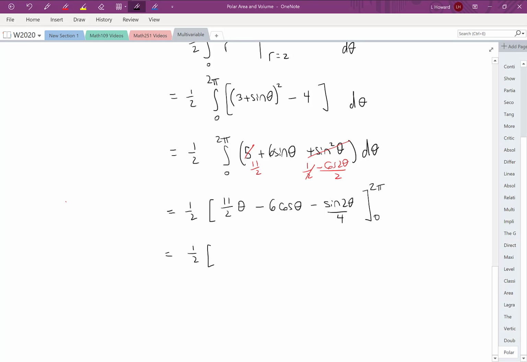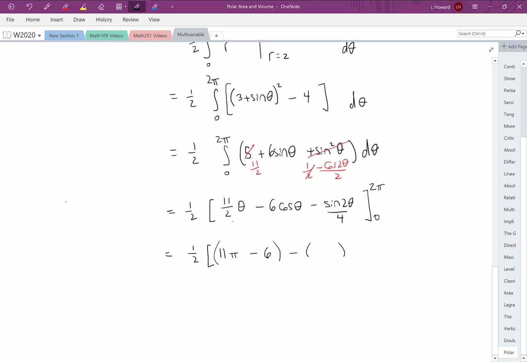Plugging in theta equals 2 pi, we're going to get 11 pi for our first term. Cos of 2 pi is 1, so we're going to get minus 6 for the second term. And then sine of 4 pi is 0, so that last term is a 0. Then we need to subtract off what this is equal to at 0.